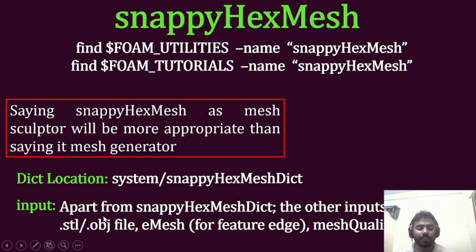Apart from the dictionary location, the input files, that is the STL and .obj files, should be present in the constant folder, along with the file that controls the feature edges, as I told you, and there should be one mesh quality control file. These are all related to snappyHexMesh dict: it is the main dictionary file, and these other files complement it. These are the input files required here.